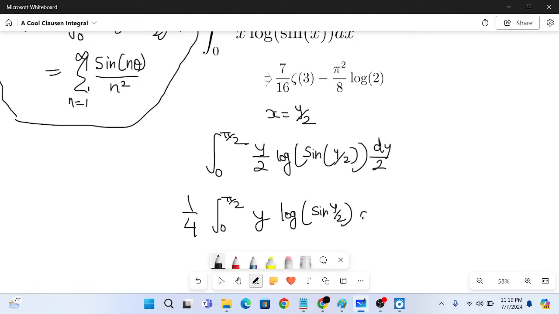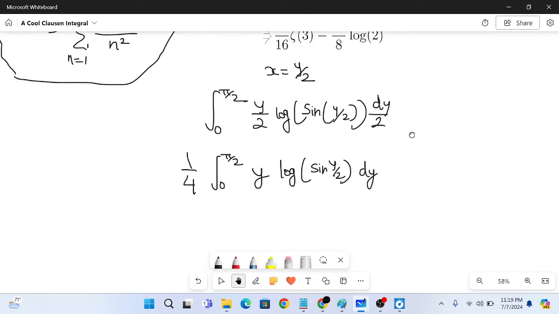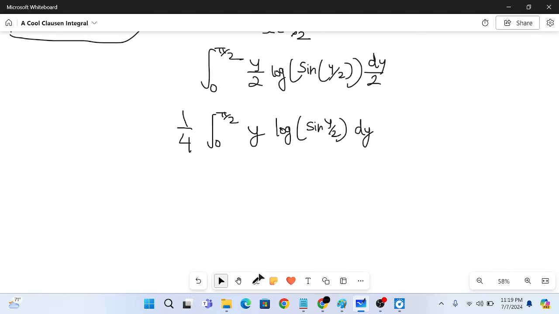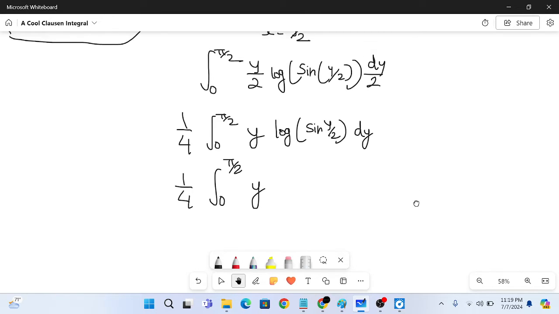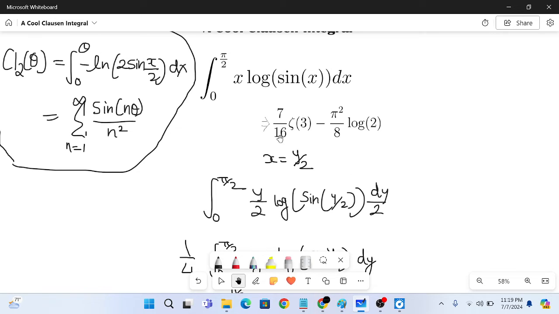Now let's try to make this 2 sine y by 2, because that is the standard form where you can use the Clausen integral function. So 1 by 4 integral from 0 to pi by 2 of y. And I also forgot something. Since we have taken y equals 2x, the limits of the integral also change, and this becomes pi now.